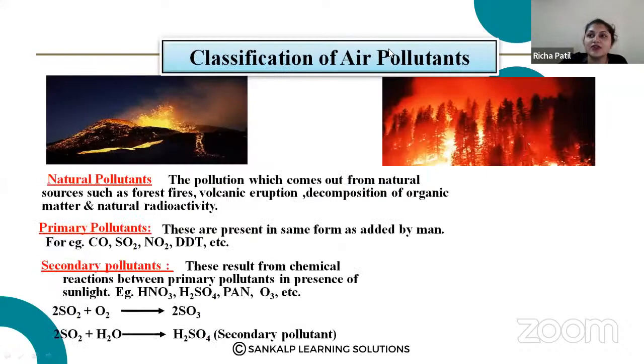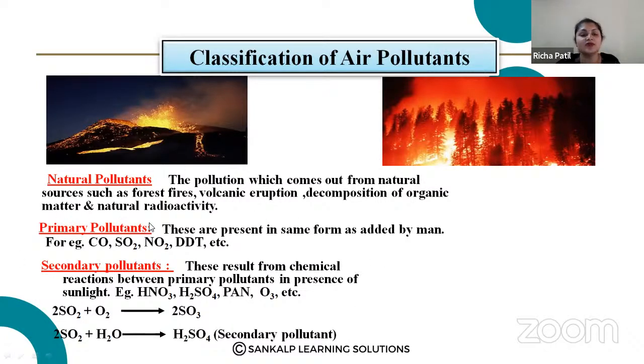So classification of air pollutants. First is natural air pollutant. Natural means the sources are natural. Okay, the pollution which comes from natural sources, such as forest fires, volcanic eruption, decomposition of organic material, and natural radioactivity.